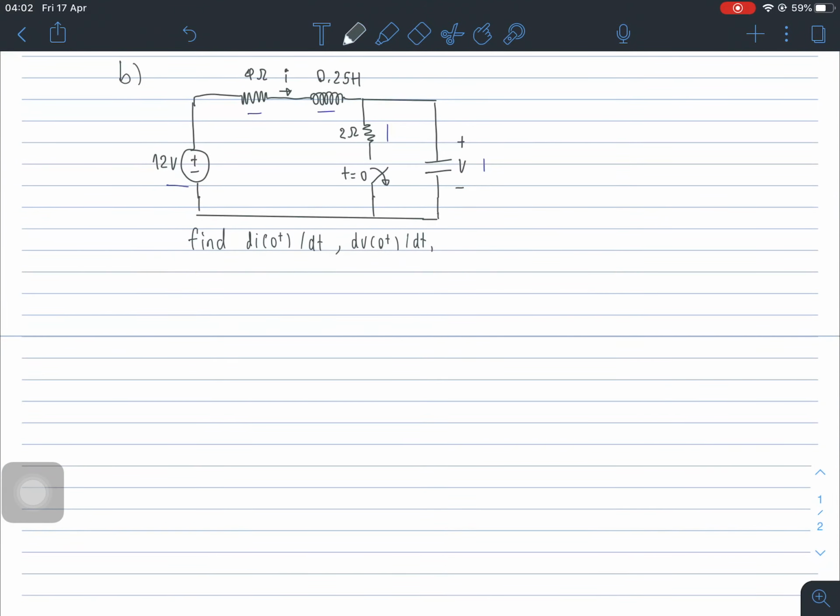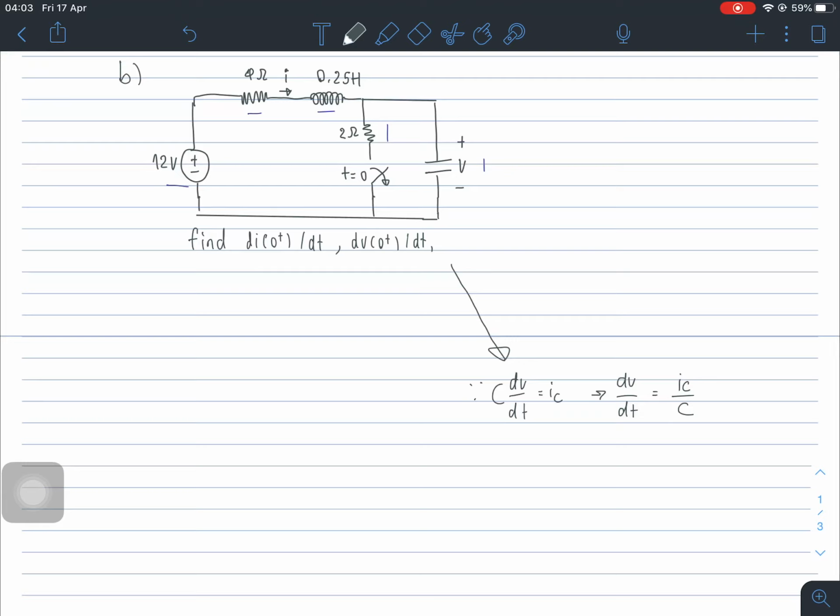From the theorem we know that dv(0+)/dt is... from the theorem, C dv/dt is equal to iC, so dv/dt is equal to iC divided by C, right?